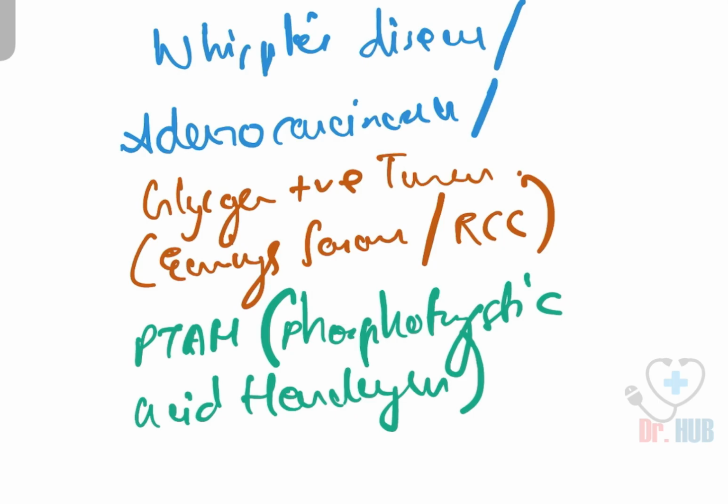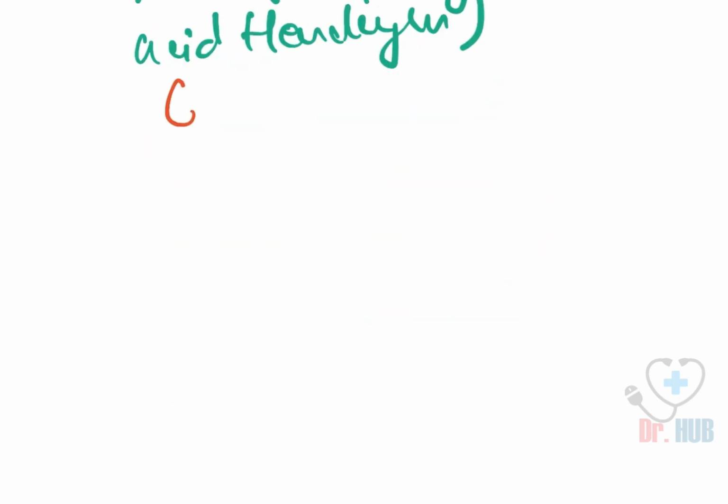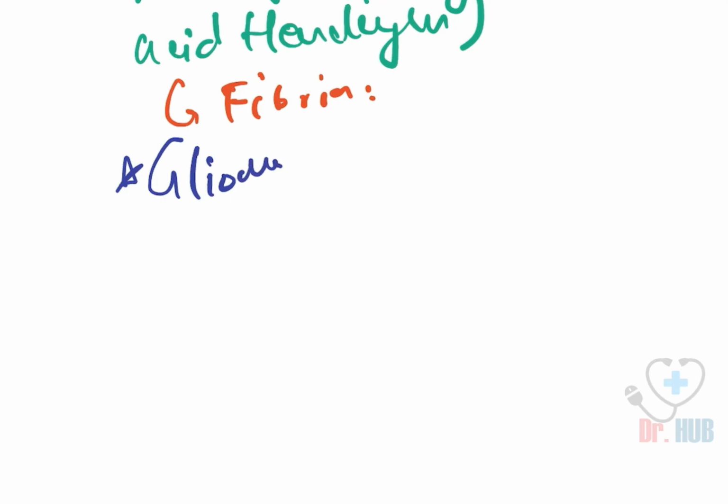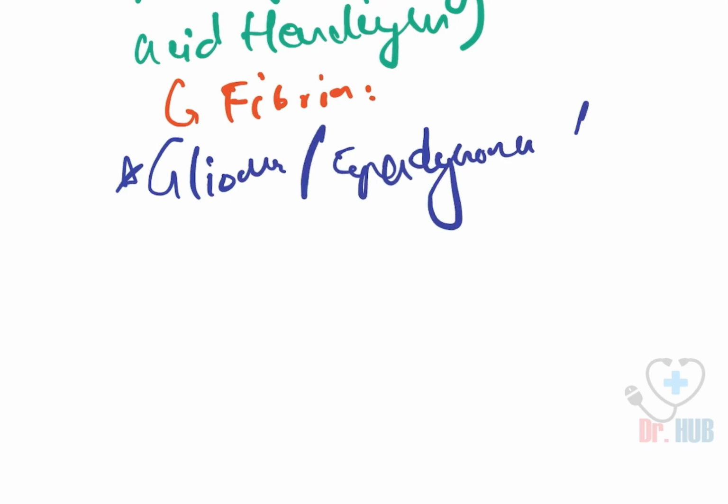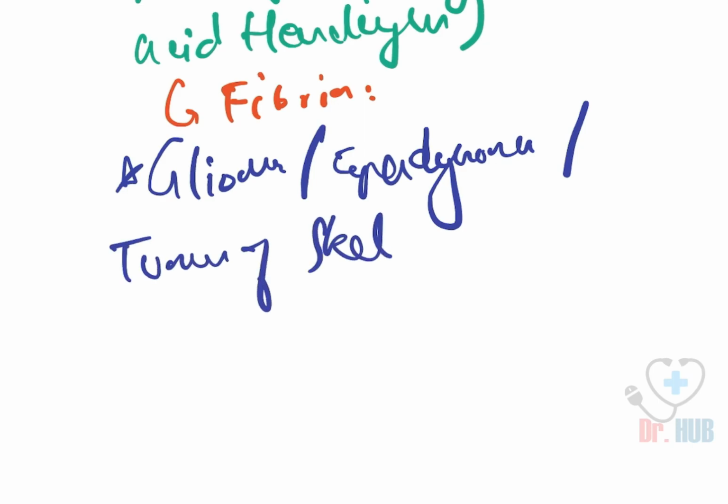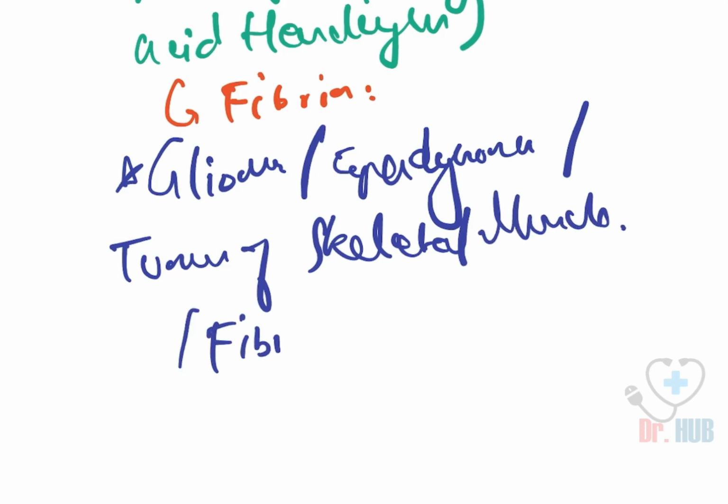This is used for staining fibrin, and the disorders it involves are gliomas, ependymomas, tumors of skeletal muscle, as well as fibrin deposits.